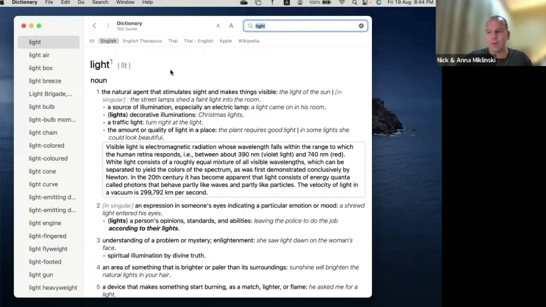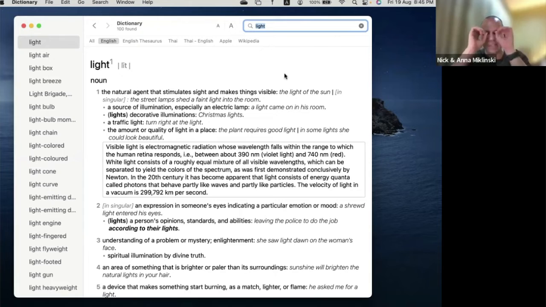Okay. So we all think of light. You might think of one way to describe the word light, but then in the dictionary, it shows more than one way. And then it also shows us some different phrases, the light of the sun. That's an example of this version, natural agent that stimulates sight and makes things visible.